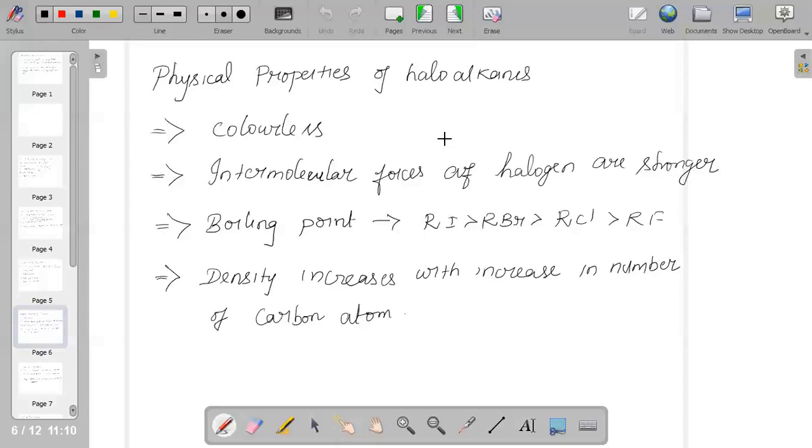Of course, the intermolecular force of attraction of halogen derivatives is strong due to greater polarity and molecular mass compared to their parent hydrocarbon, which results in higher boiling points of chlorides, bromides and iodides compared to hydrocarbons. And the order of boiling point of alkyl halides is: iodine, bromine, chlorine, fluorine.